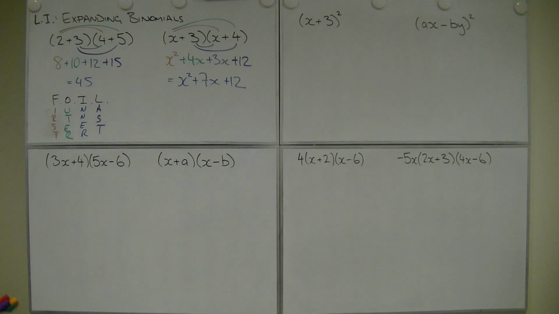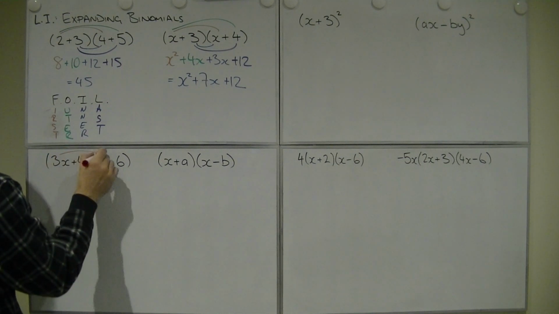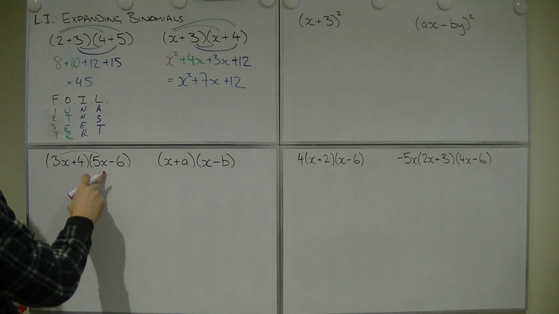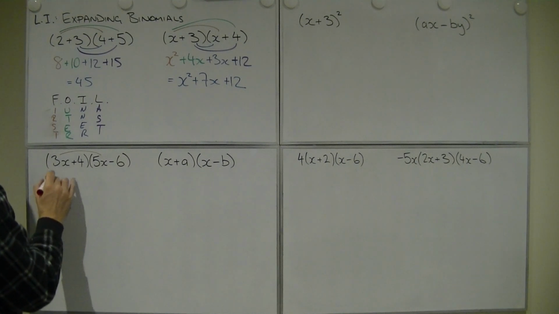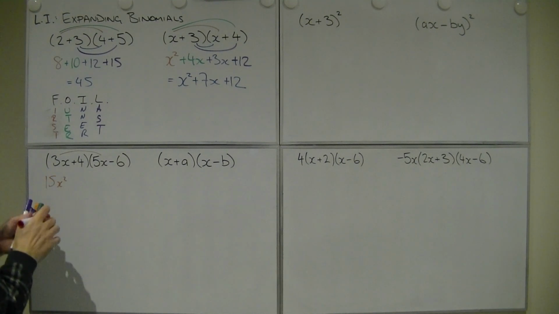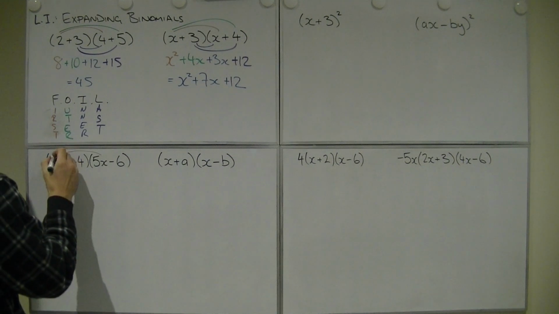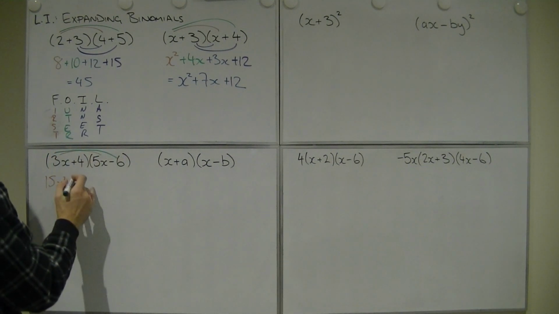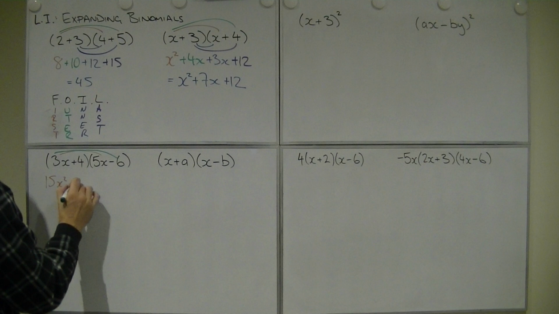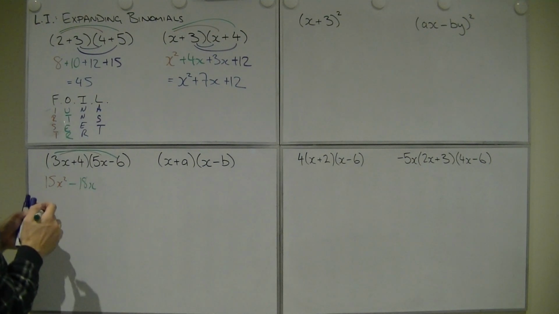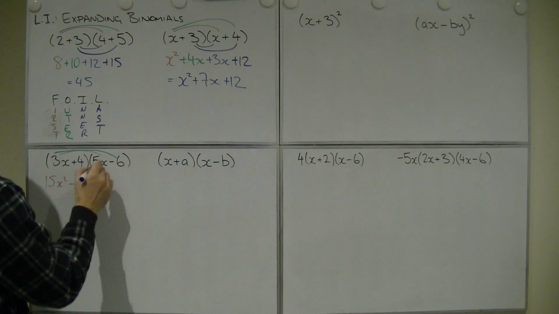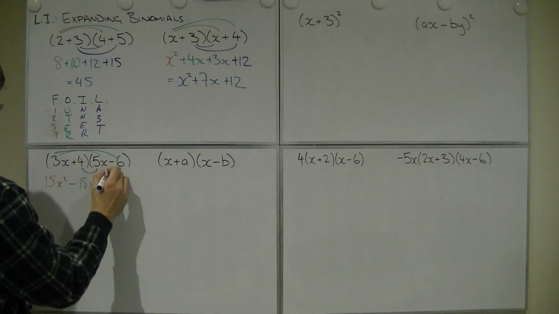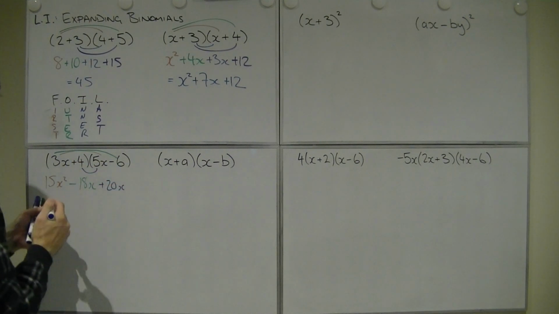That's basically it. Now, there are just a couple of little complications that can appear, so let's try some of them. Here I've got 3x multiplying 5x, which is 15x squared. 3x and negative 6 gives me negative 18x. 4 and 5x gives me 20x.